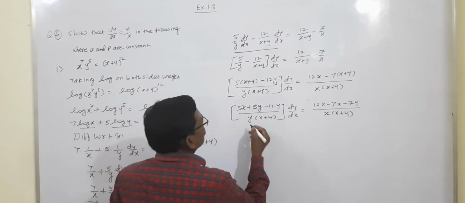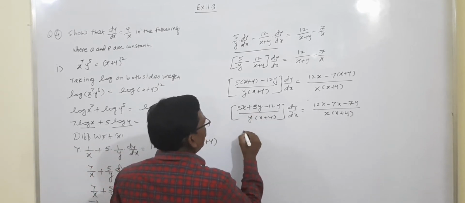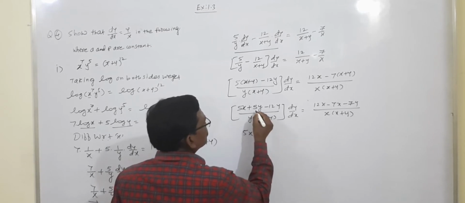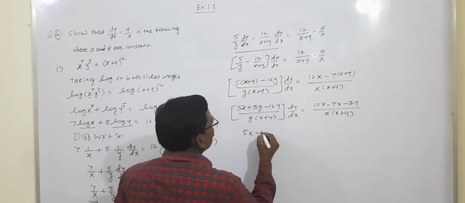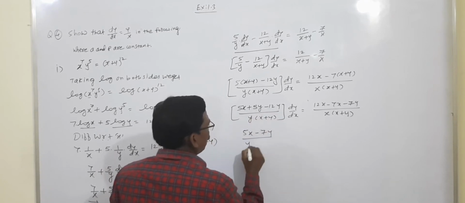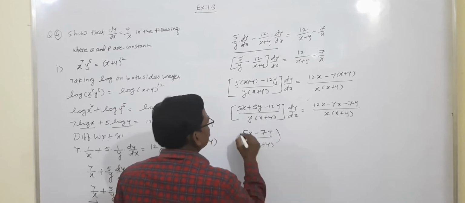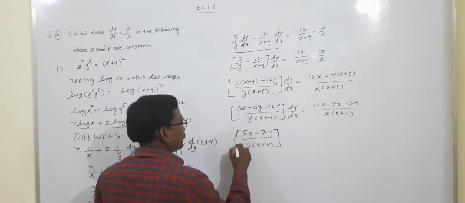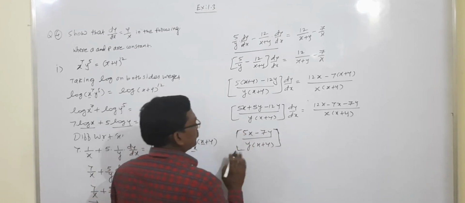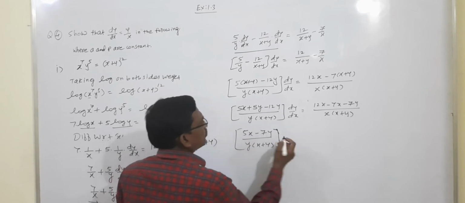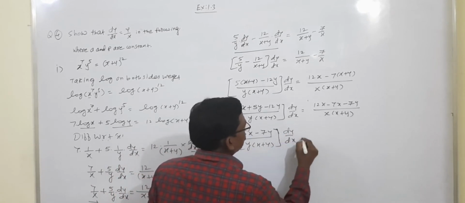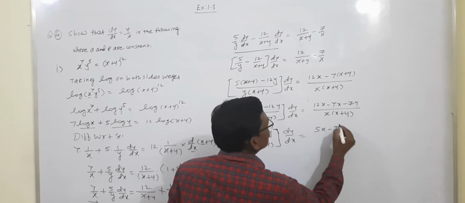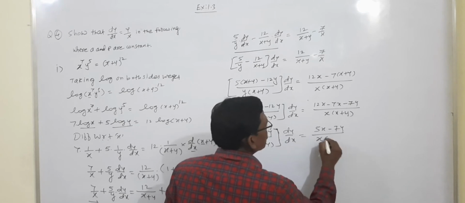Now here 5x minus... plus 5y minus 12y, it becomes minus 7y divided by y into x plus y into dy by dx is equal to 12x minus 7x, it is 5x minus 7y divided by x into x plus y.